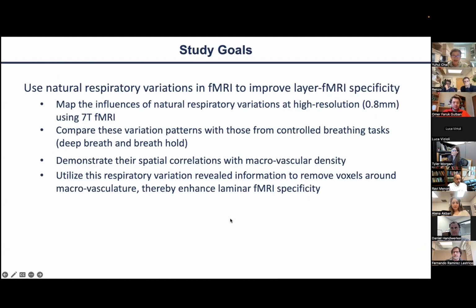So in this study, we extended the idea to layer fMRI at 7T, using the natural respiration variations in fMRI to improve layer fMRI specificity.